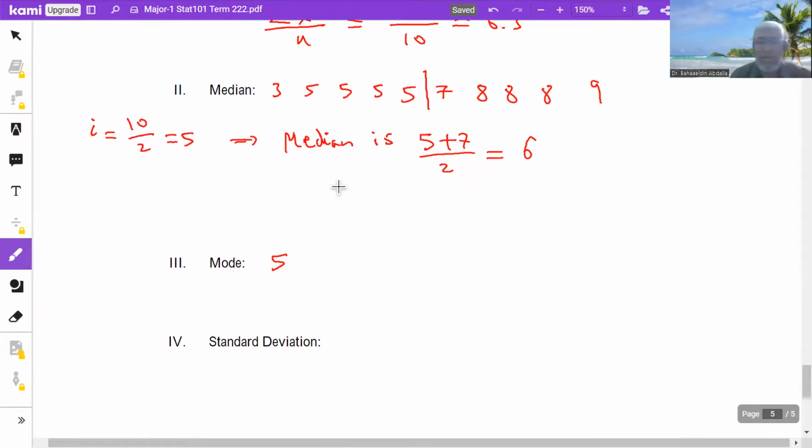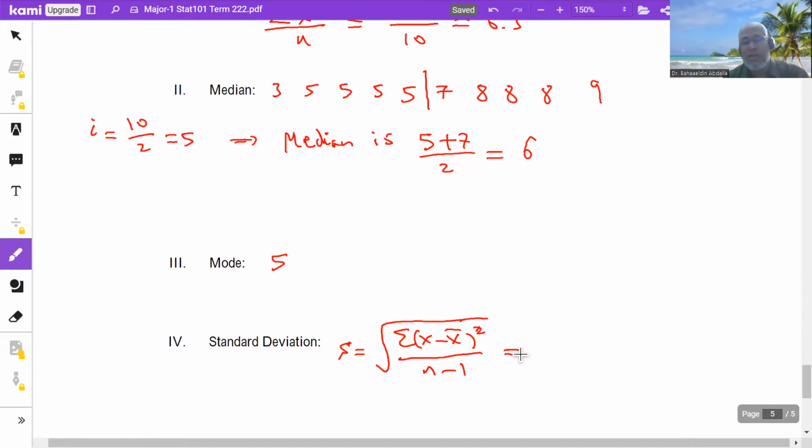Standard deviation, well, the definition of standard deviation, square root of summation x minus x bar squared over n minus 1. So you can subtract each number from the mean.